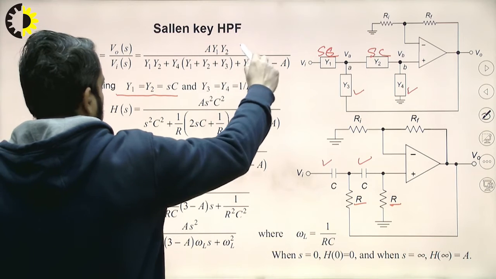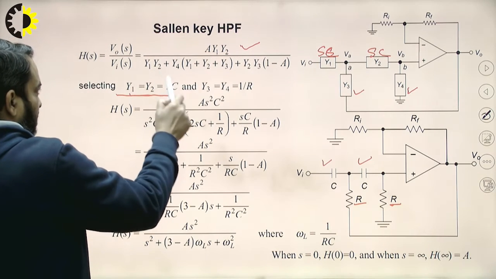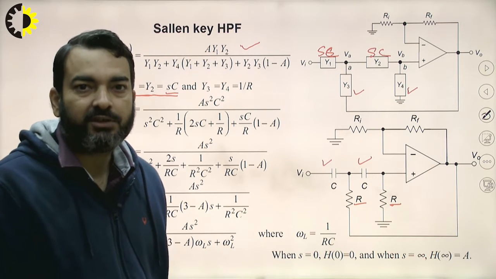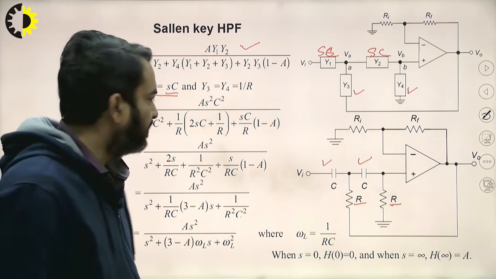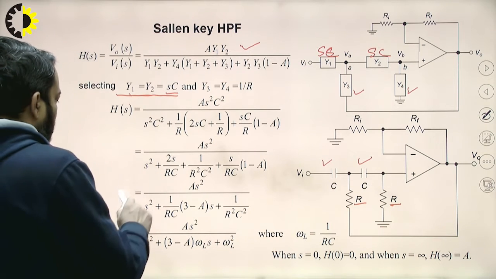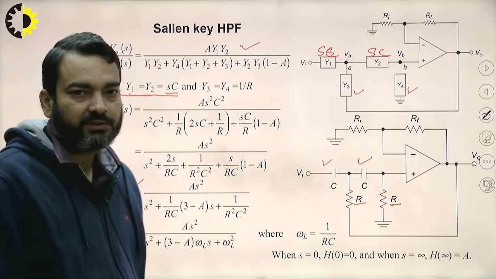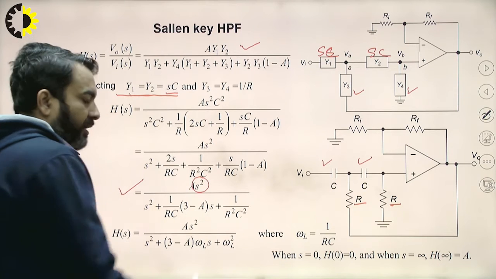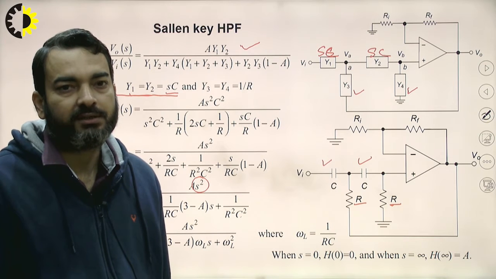So this is the standard transfer function. Putting Y1 and Y2 equal to sC, we have taken both capacitor values equal and both resistor values equal. This simplifies the transfer function, so we have this particular transfer function. Here we can see we have s square in the numerator, so definitely this is a high pass response.